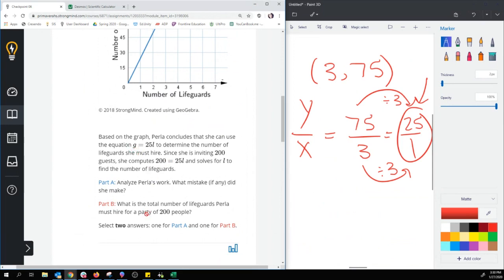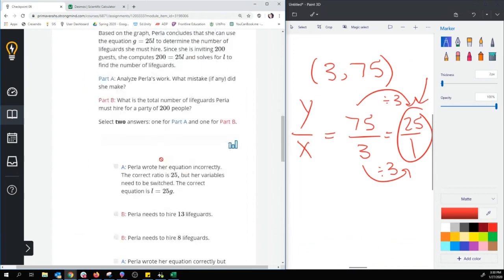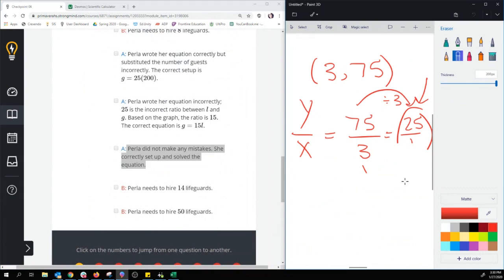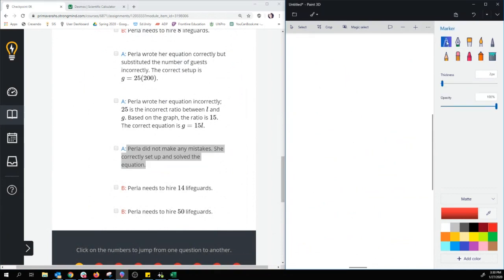So it looks like all we need to do is solve this equation to figure out how many lifeguards she needs. So for part A, Perla did not make any mistakes. She set up the equation correctly. That's part A. And so now we have to isolate L. So to get rid of this 25, the opposite of multiplying by 25 would be what?